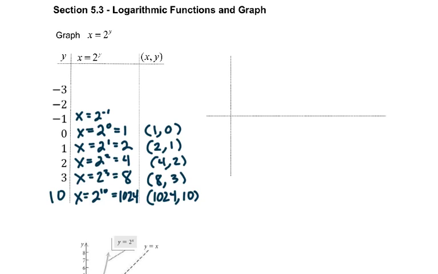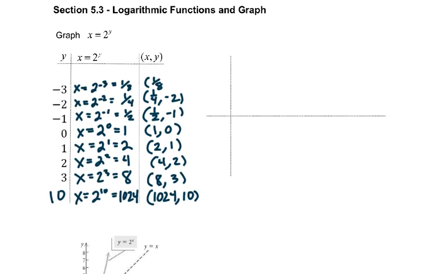So 2 to the negative 1 is 1 over 2. So I end up with (1/2, -1). 2 to the negative 2 is 1 over 4. So we've got (1/4, -2). And x equals 2 to the negative 3 gives me 1/8. So I have (1/8, -3).